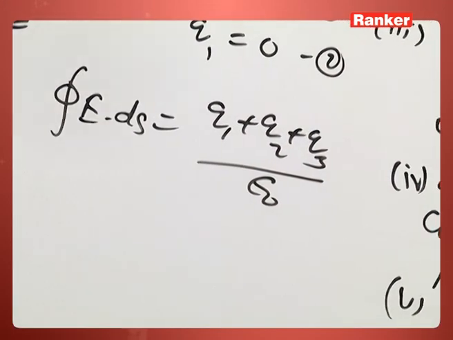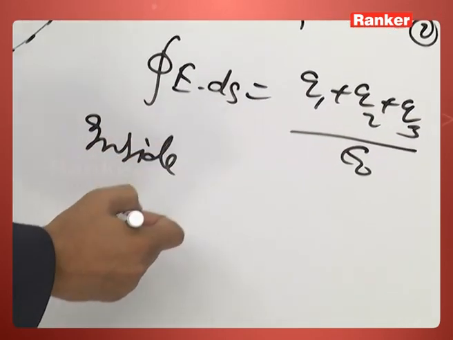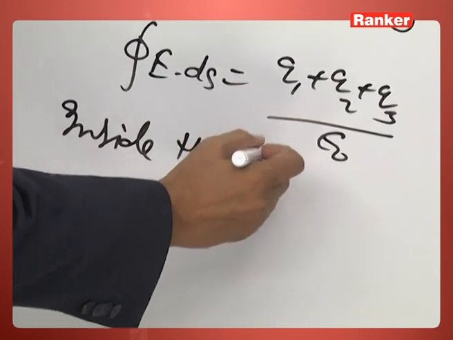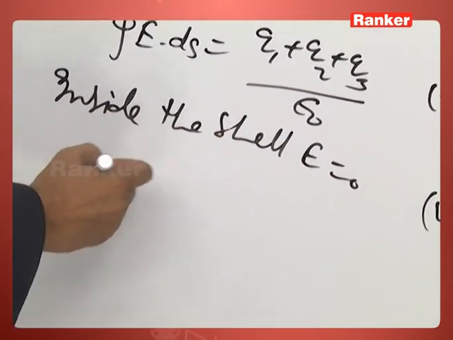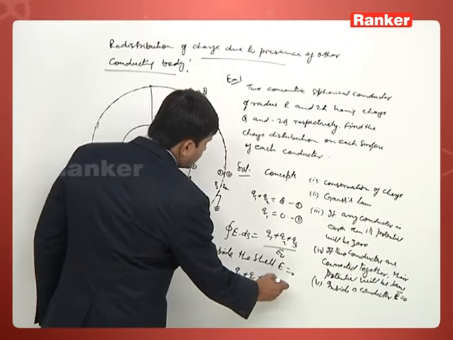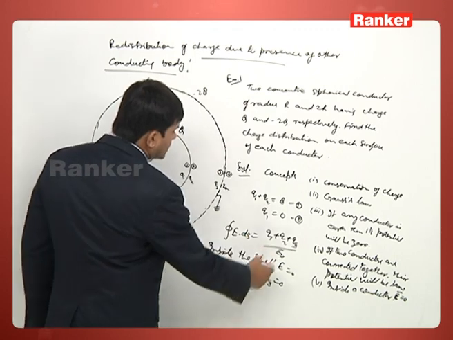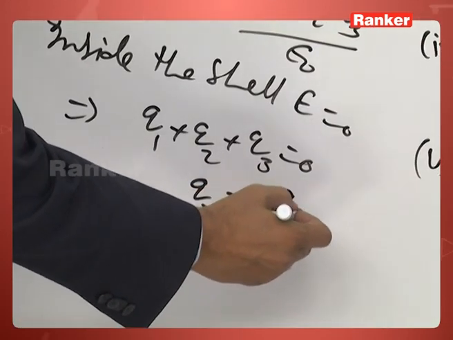But inside the shell, the electric field is 0. Inside the shell E is 0. So then our equation will be Q1 plus Q2 plus Q3 is 0, and Q1 is already 0. So Q3 is equal to minus Q2.